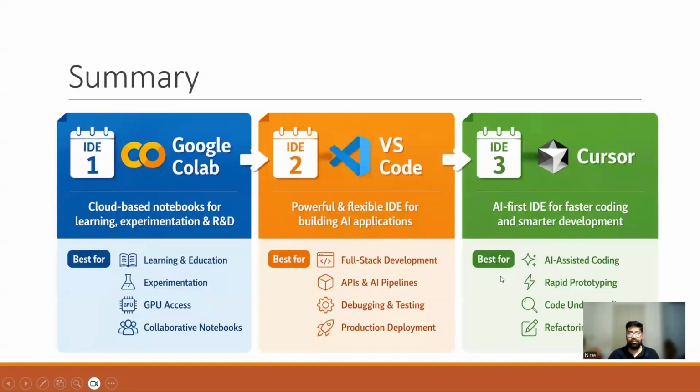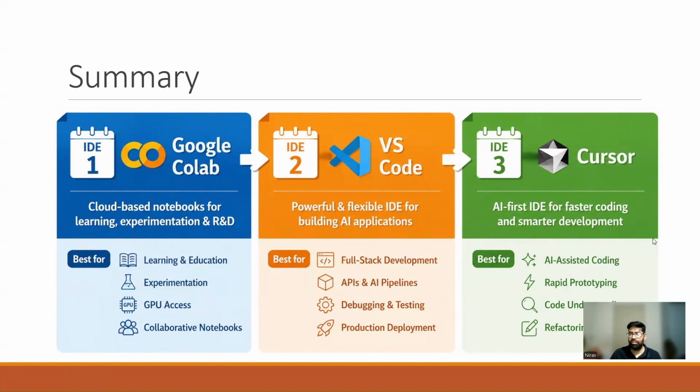What we discussed till now is that Google Colab is suitable if you want to do some kind of experiment, learning, or R&D. Then Visual Studio Code is suitable for most of the work. It is in fact used in all kinds of development.